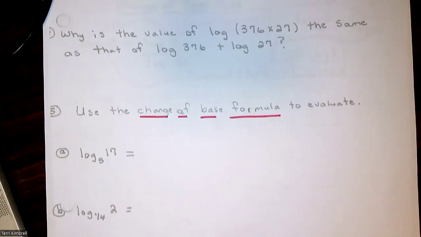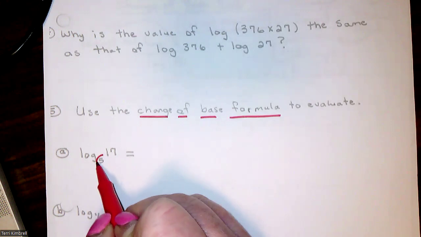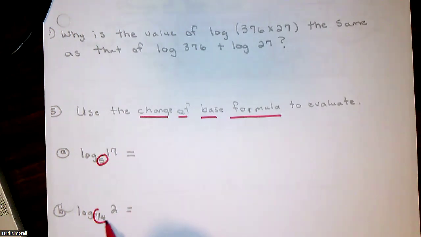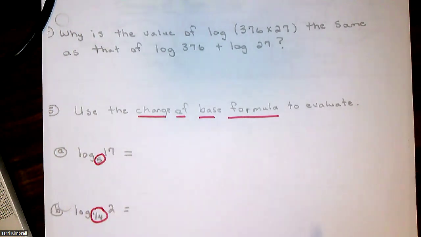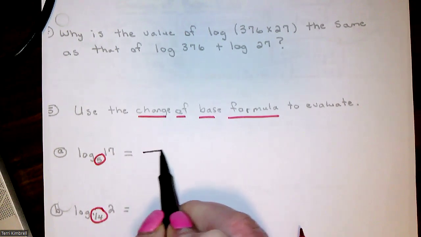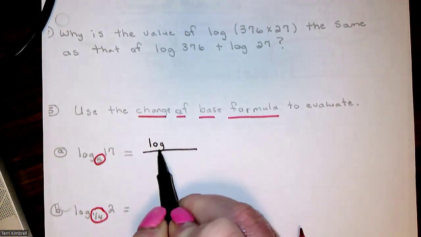Okay, so if you'll jump to the one that says change of base formula. So when we go to number 5, if you'll go ahead and try that one based on what I discussed. So if you'll leave the exact answer, and then round it to 4 places. As you return, remember that this one is going to go on the bottom. So we're going to write the word log on the top and the bottom.